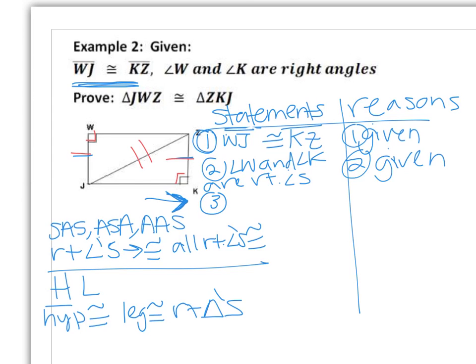Well, take a look at that reflexive side. What part of the right triangle is the reflexive side? Hopefully you're thinking, well, that's the hypotenuse. So since I have a hypotenuse congruent and a leg congruent in a right triangle, this one's going to be my HL. So the next step, step 3, the one that differs, would be, okay, first I say they're right angles. Then I have to say they're right triangles.